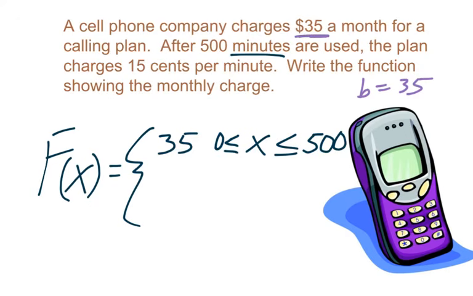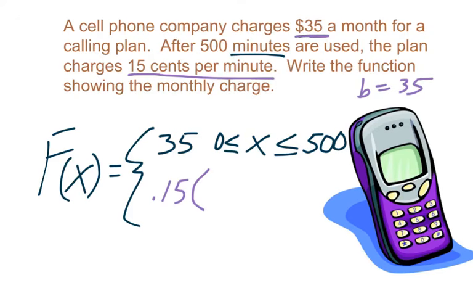And now I'm going to start with 500 minutes or more. So I would say it is 0.15, and where that 0.15 came from, it says 15 cents per minute. That's my slope. But I only want to include minutes that are above 500.